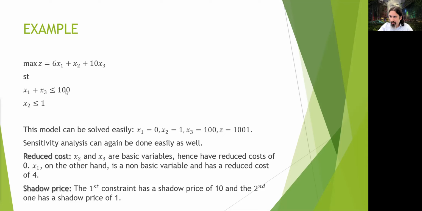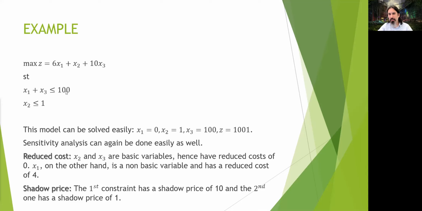Now, this is the reduced cost part. What about the shadow price? For shadow price, I have to check what can change if I increase these values by 1. For the first constraint, if I increase this 100 to 101, then x3 will increase by 1 as well, because x3 has a value of 100 right now.